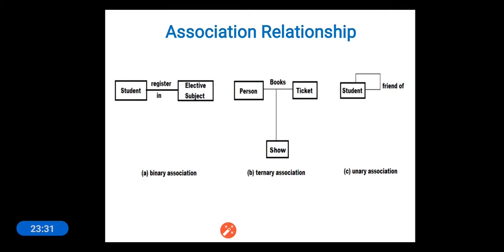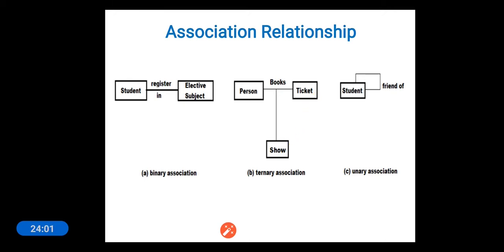And coming to the ternary association. In ternary association, there will be association between three different classes. For example, a person books a ticket for a show. Whenever a person books a ticket for a show, the person related details are represented in the ticket, and the show related information is also represented in the ticket.